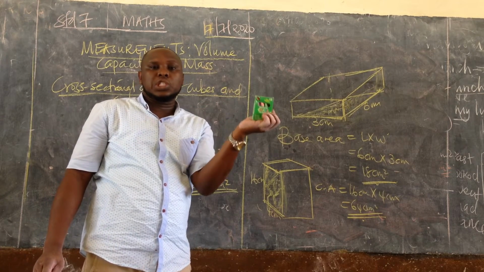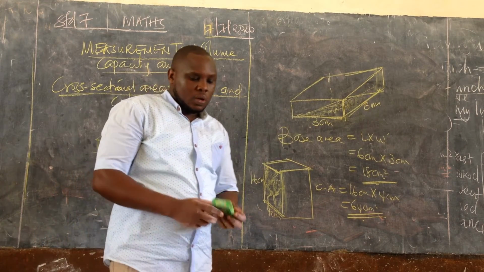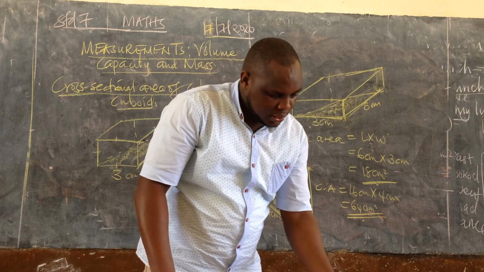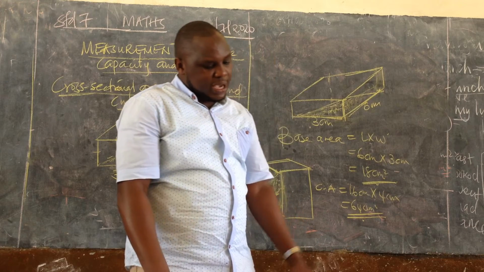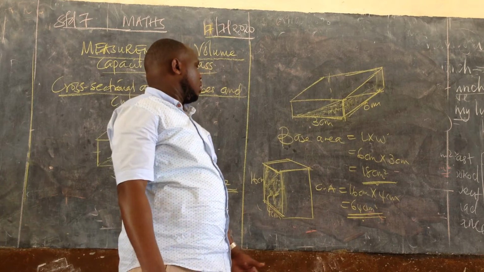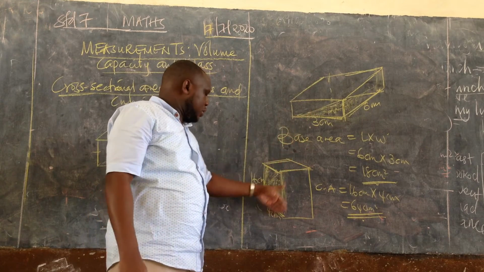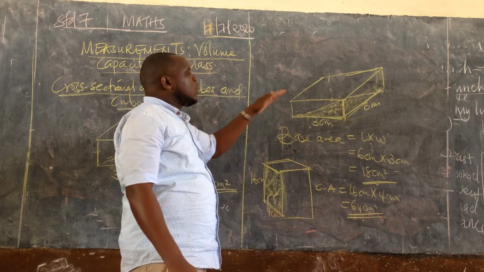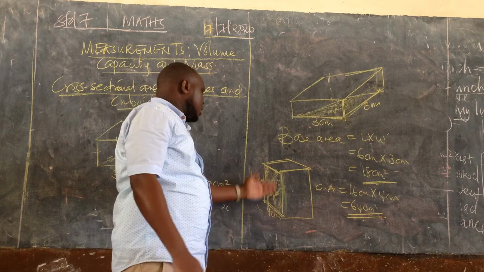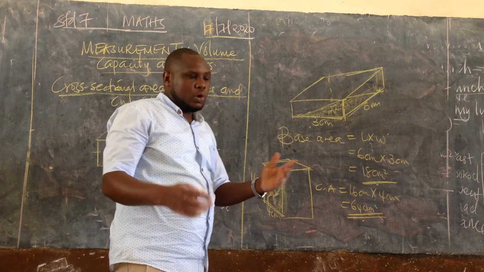So we call that cross-sectional area. The area of the base represents the area of the cross-section. Both mean the same, only that the base one is lying on the ground, and the other one is just on the sides.